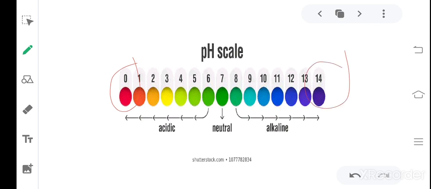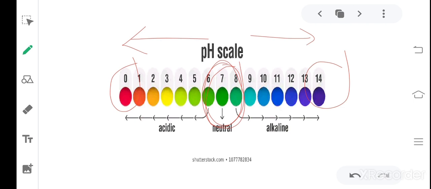Here, 7, the middle number, is the neutral value. That means neutral salts. On the left side of 7 and the right side of 7, you should remember: between 0 and 7, the pH values are acidic.